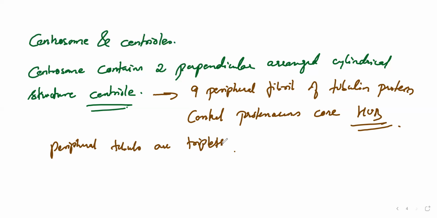And each of these peripheral tubules will be connected to the hub through the same thing which we saw previously, that is the radial spokes. So the peripheral tubules, they are triplets. They are connected to the hub by what? The radial spokes.